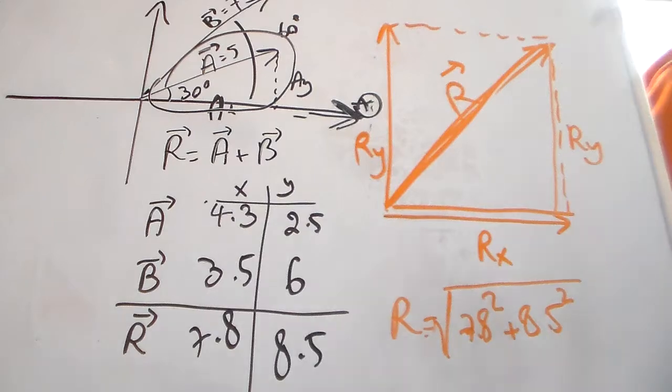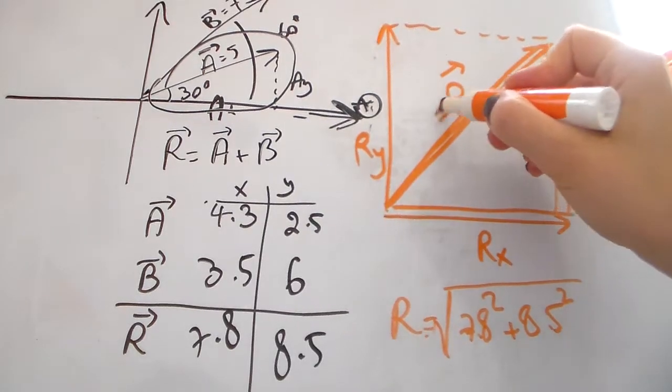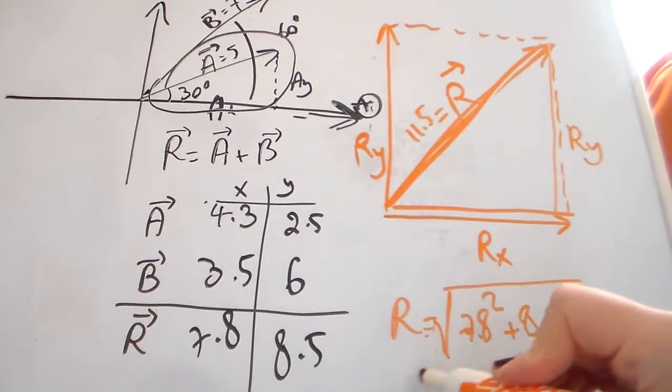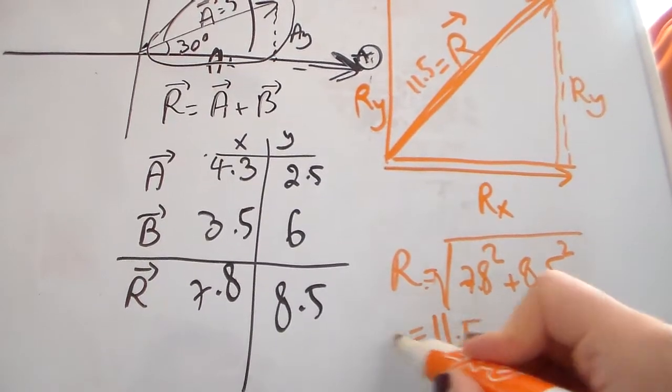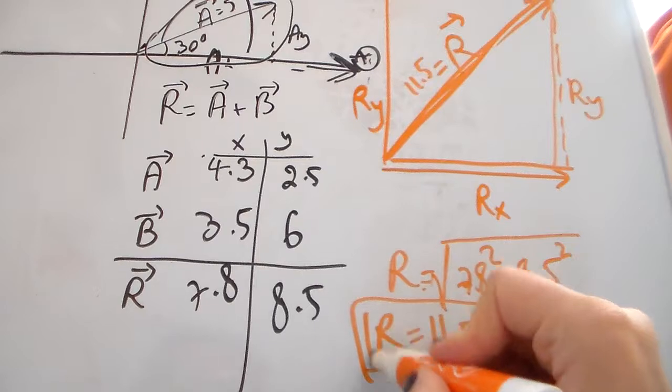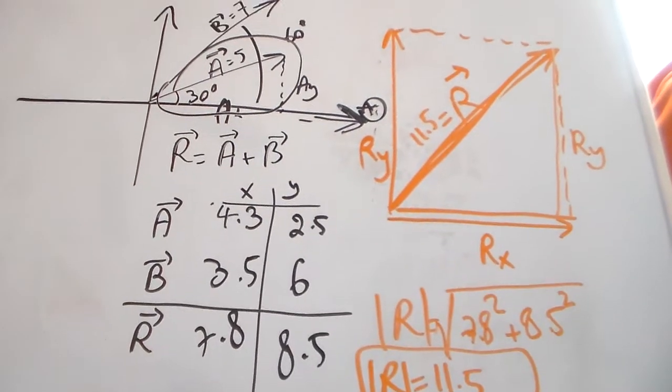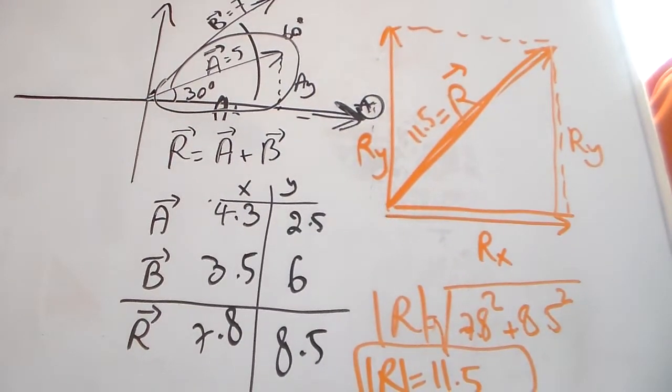So as you see, the size of this hypotenuse, which is the resultant of A and B, is 11.5.